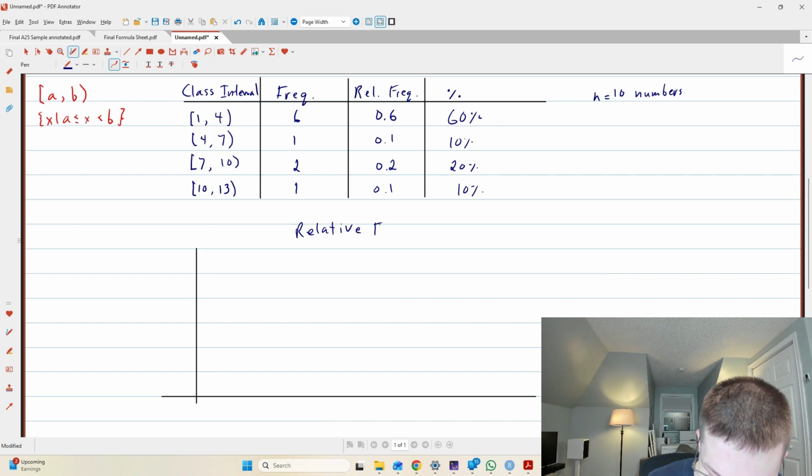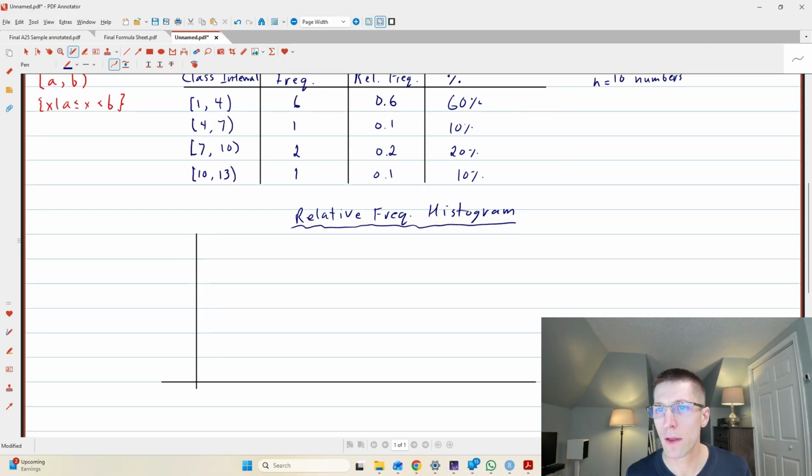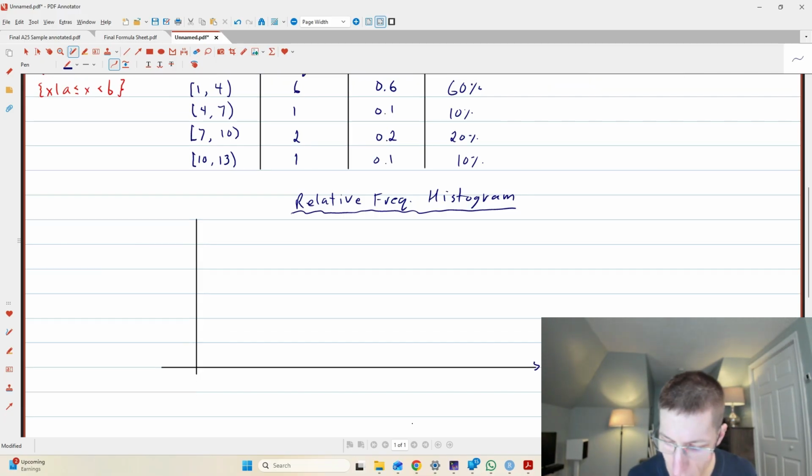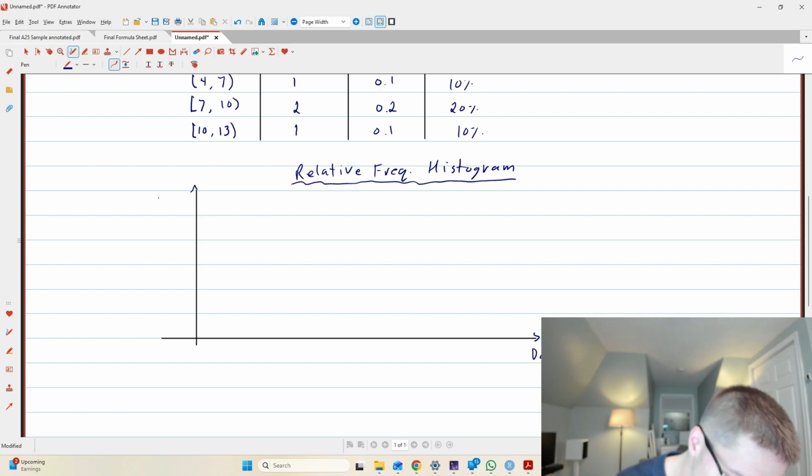So this is my title. For the data, this wasn't applied to any particular application, so we were just given numbers. So we'll just call it data. And here we'll call this relative frequency for the y-axis.